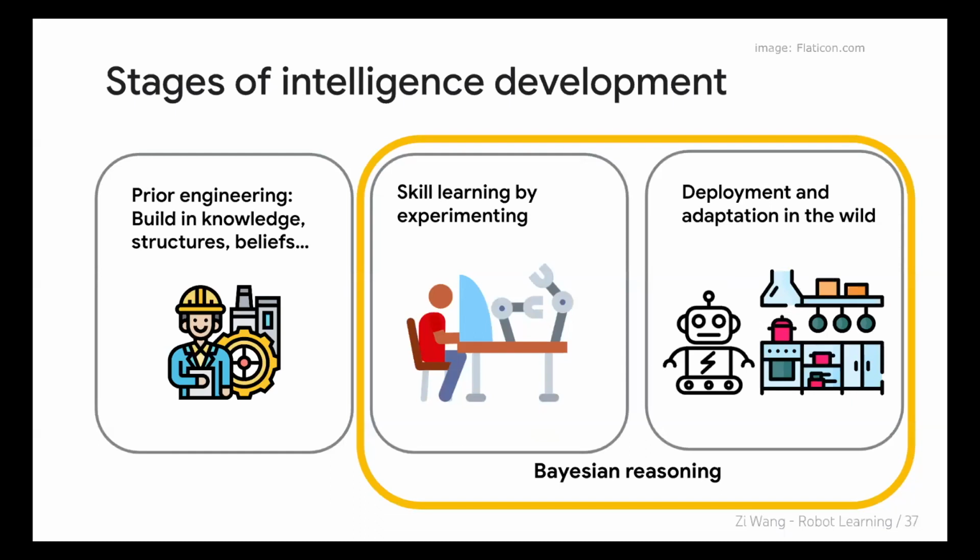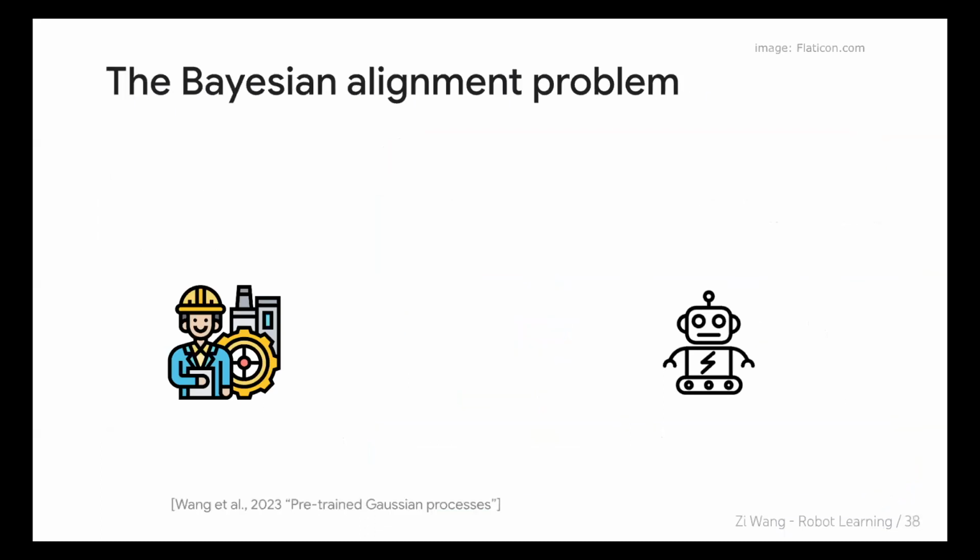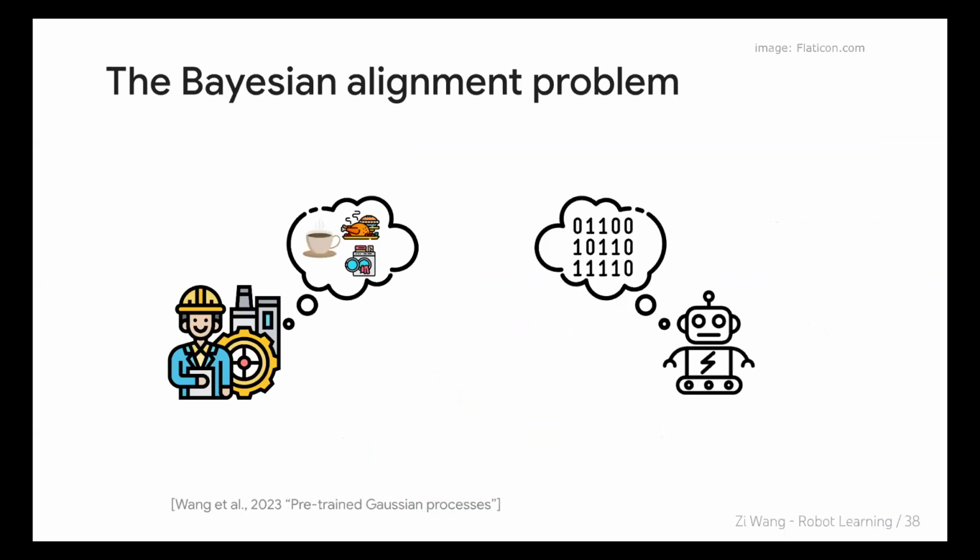Okay, so if we think about this problem a bit more carefully, basically what we want is to make sure the experts' beliefs, which are described in very abstract terms, since we don't really think very quantitatively, align with the priors or the probabilities, the beliefs that the robot operates with, which are numbers. How do we make sure they're aligned?